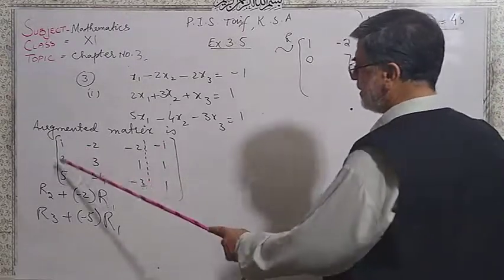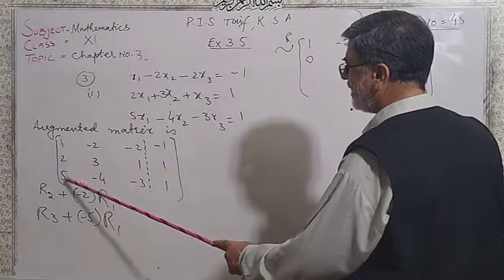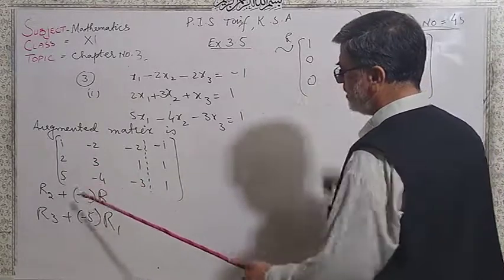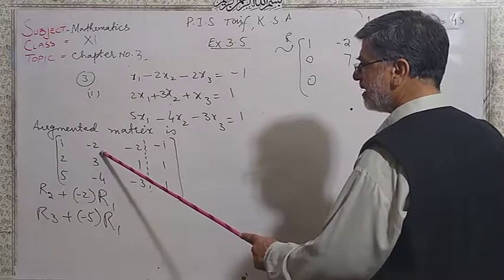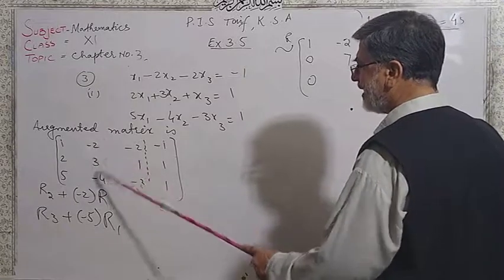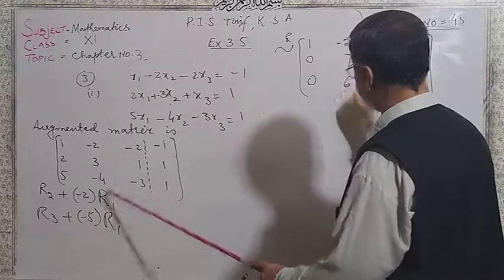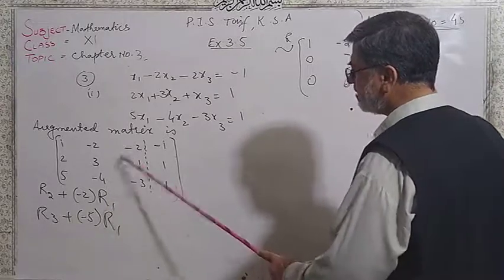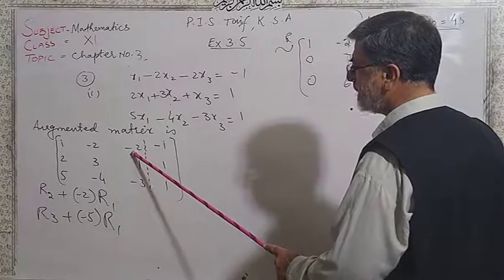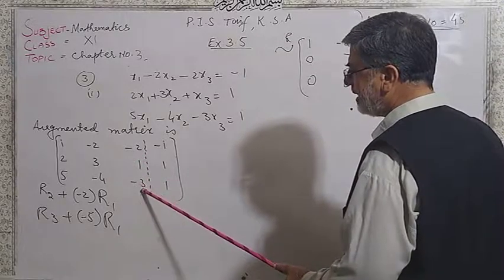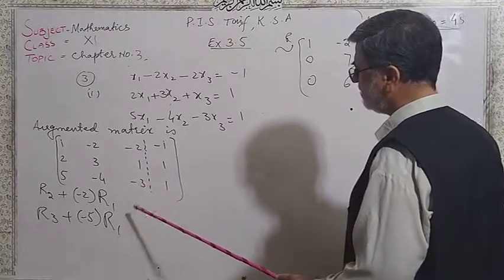Then, this is multiplied by minus 5 and added here, this will be 0. Multiplied by minus 5 here, so minus minus plus 10, and 10 plus minus 4 is 6. This is multiplied by minus 5, 10, and 10 minus 3 is 7.